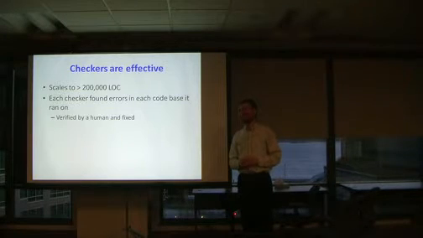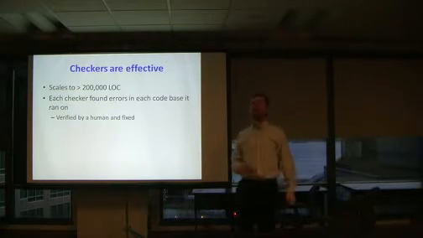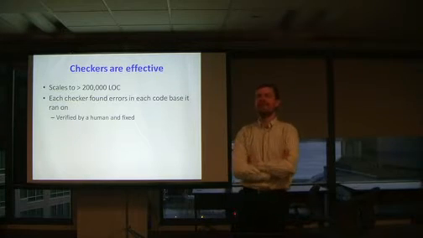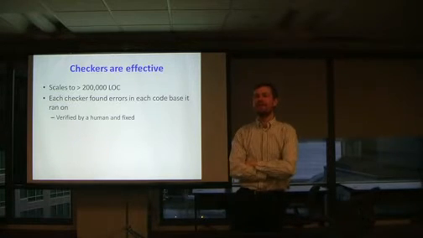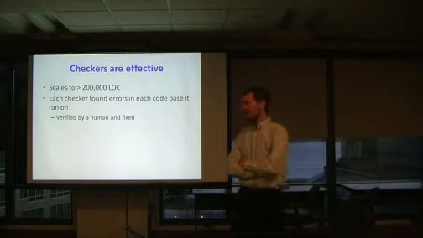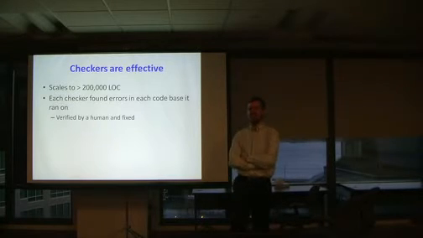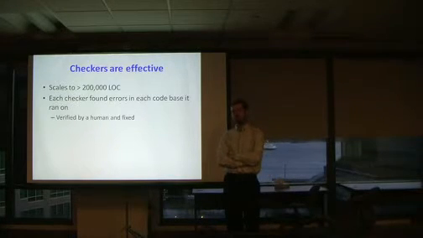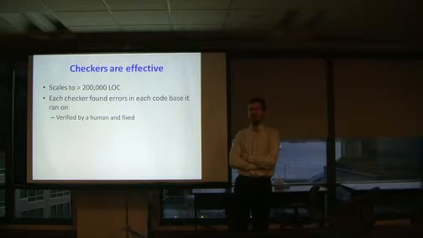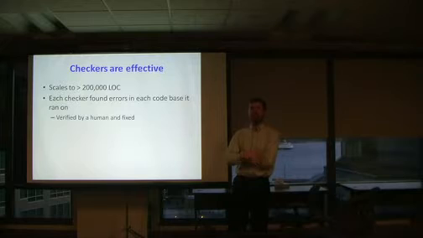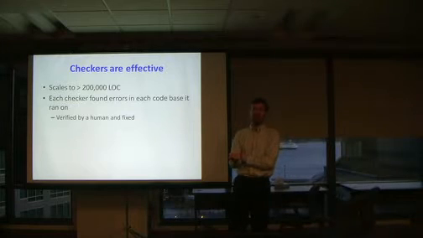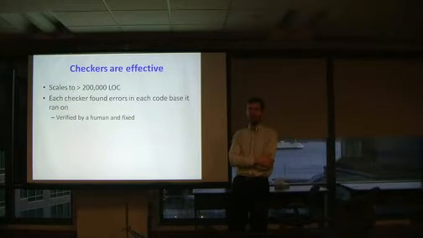Can you actually define what you mean by the fact that this scales to 200,000 lines? I'm not really talking about the speed of the checker so much, though the speed of the checker is fine. When you compare it to Java type checking, it's still the same order of magnitude of speed.